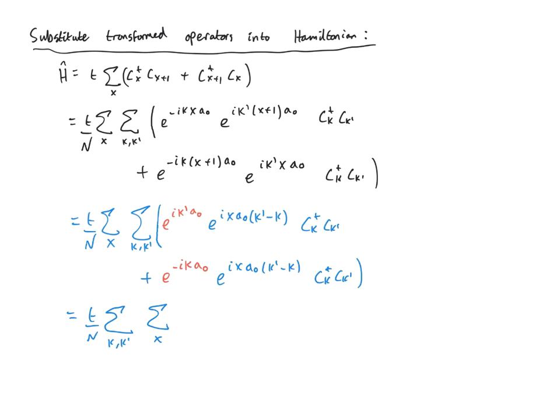And then it's going to be e to the i k primed a naught plus e to the minus i k a naught times this factor, e to the i x a naught, and this is a common factor to both terms.